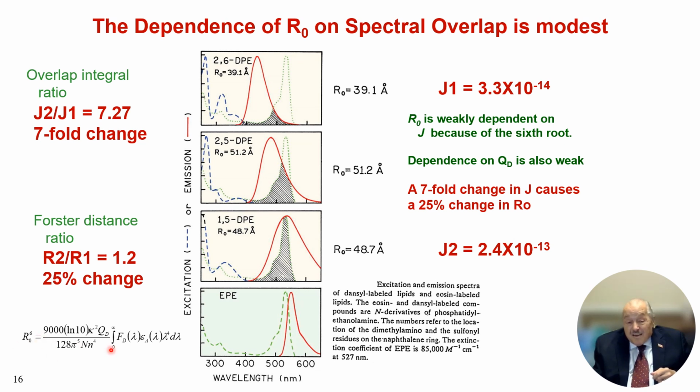So if you want to calculate an R0, taking this to the 1/6 power, it's only a 20-25% difference. So the R0 value is not very sensitive to the absolute value of the spectral overlap. And for those of you who like to do math here, if you take this value and take the 1/6 root of it, you'll see that it's pretty close to this ratio down here.